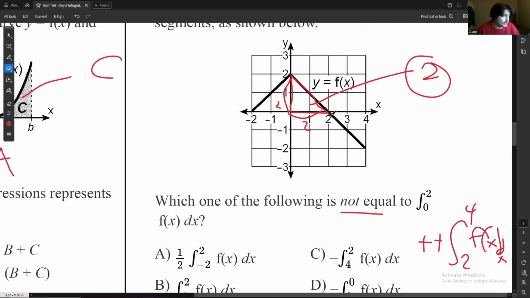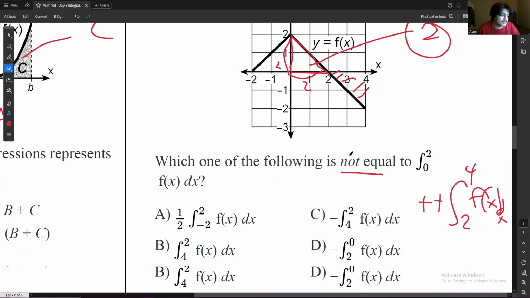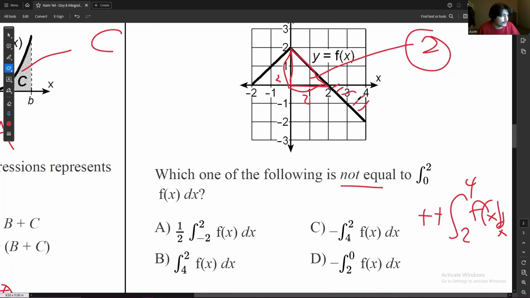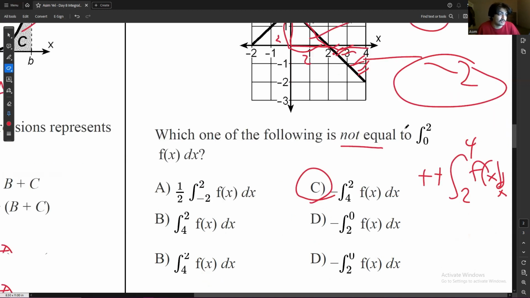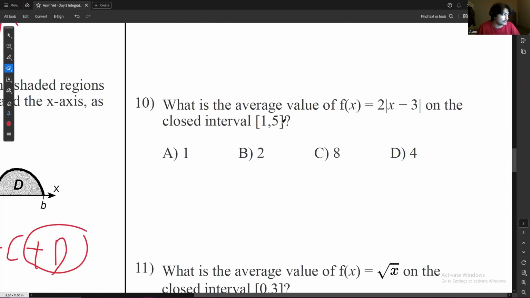And then over here, I got a negative value, guys. There's no way I'm getting 2 over here. So this will be my answer choice because, as I said, the area under 2 to 4 is going to be negative 2, and negative 2 is never equal to 2. So it's going to be answer choice C.